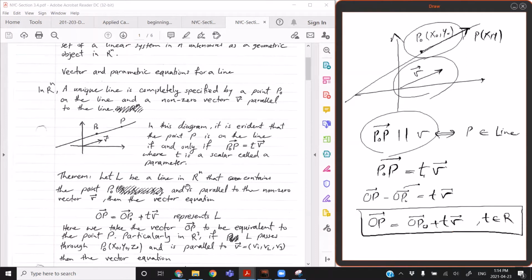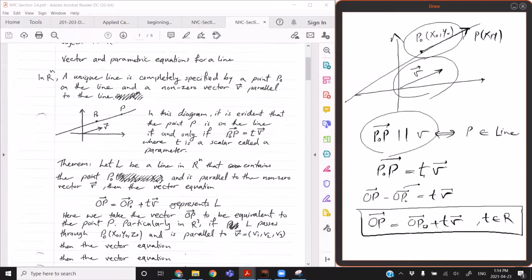So let L be a line in Rn that contains the point P0 and is parallel to the non-zero vector V. Of course, V shouldn't be the zero vector because it's supposed to give us a direction.